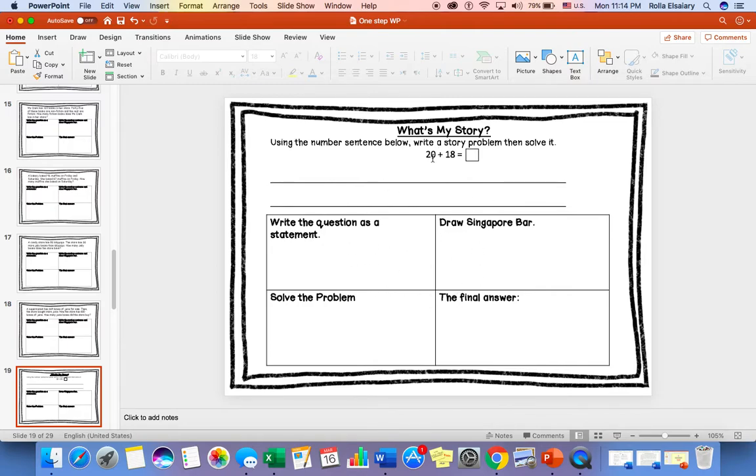So it's really simple, 20 plus 18 equals blank. I'll tell them, I have 20 pencils, my mom gave me 18 more, how many pencils do I have now? So I just model it for them with a quick example, and then I tell them you do it yourself, use different objects. So they will be doing erasers, rulers, books, chairs, anything really, anything of their favorite toys, and then they write it down and then they solve it.